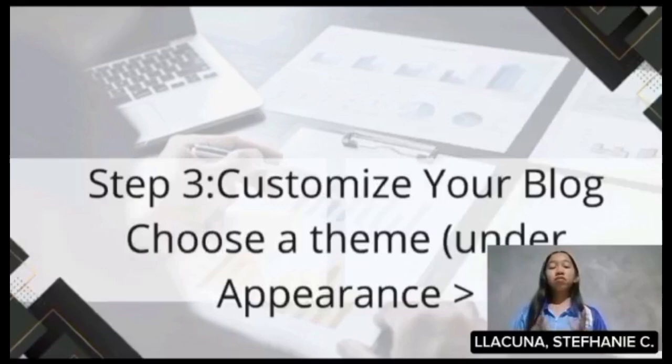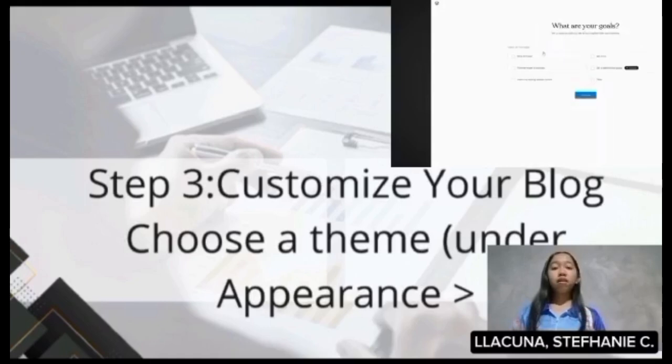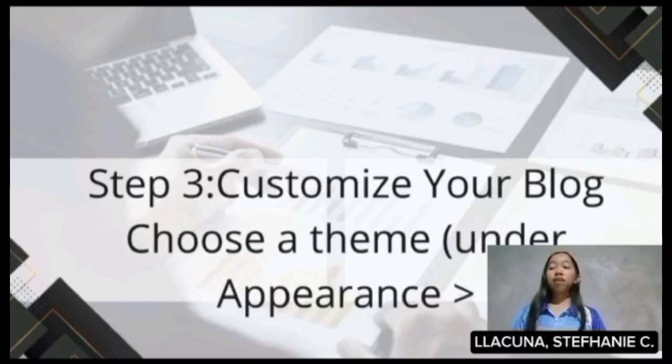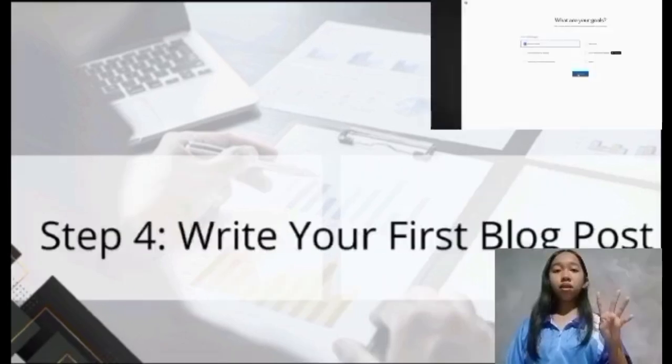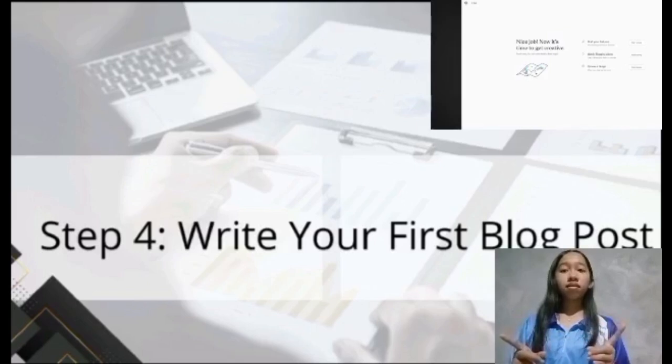The third step is to customize your blog. Choose a theme under Appearance and customize the layout, colors, and fonts, and add essential pages like Home and About. The fourth step is to write your first blog post: go to Posts, Add New, enter a title and content, add images and format text, and click Publish.